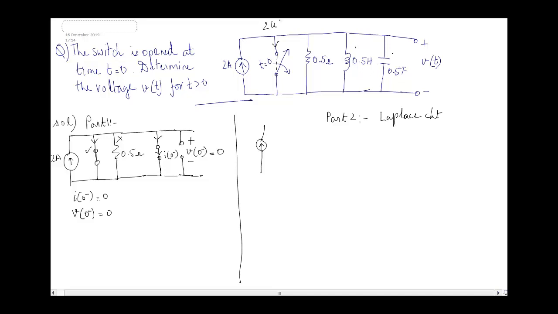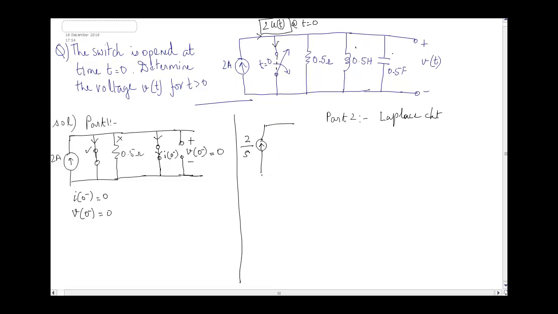So I can write 2 u of t as the current, and taking the Laplace of 2 u of t, we get 2 by s. In class I have said that generally if a switch connects the source to the circuit, the source is multiplied with u of t, or in Laplace you write the source value divided by s.